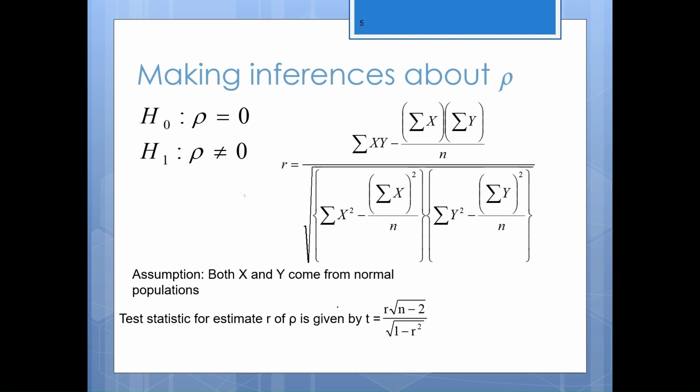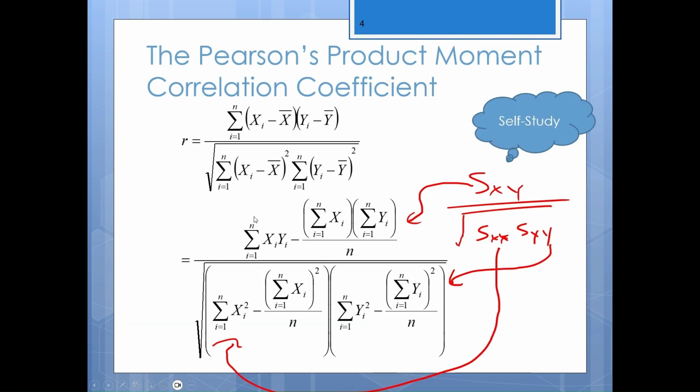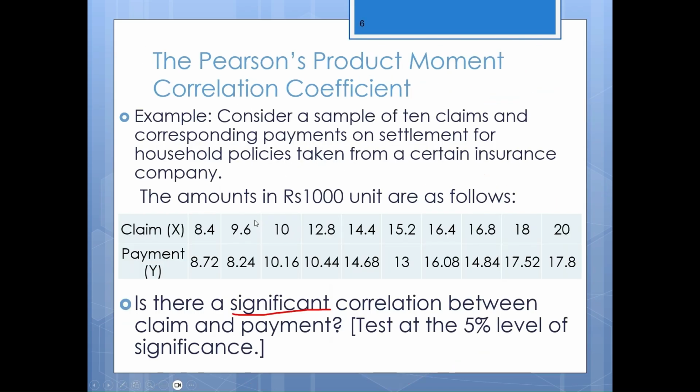Now, getting back to what I was doing here, let me go back to this question. So, how are we going to proceed? We start by defining our correlation coefficient in the population.